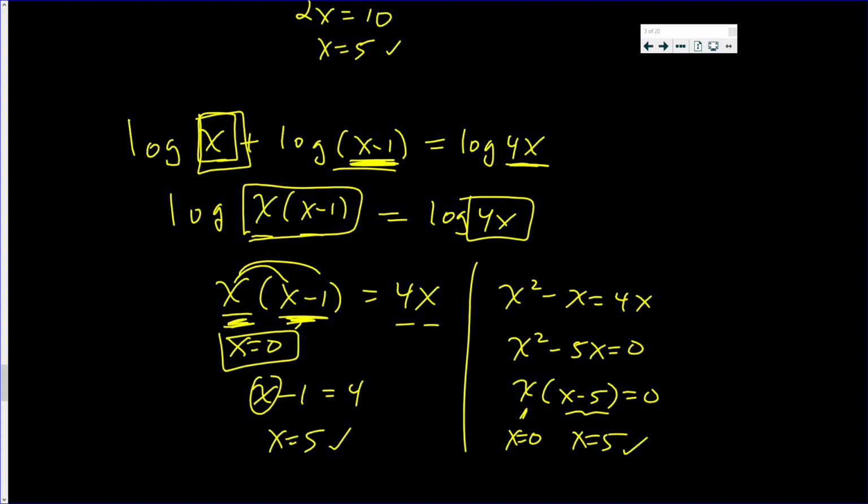You can stop there. Or if you want to check this first, 4 times 0 is 0. You can only take log of positive values. So we have to reject x equals 0. So the solution is just x equals 5.